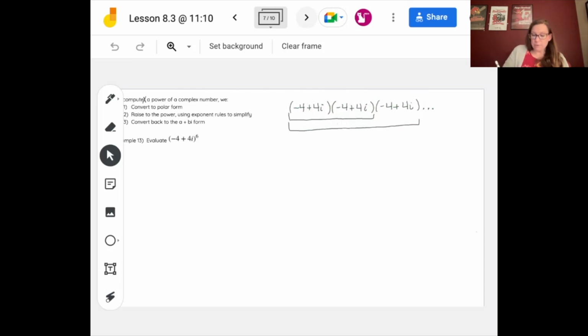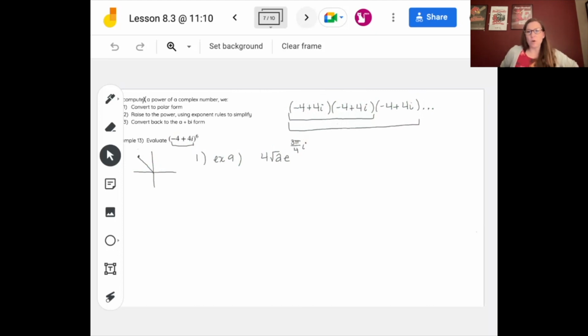We converted -4 plus 4i. Remember, this one was one of the first ones we did. We were over here in the second quadrant. We converted that into polar form in example 9. So I'm going to say number 1, we did example 9. We converted this to polar form, and we said it was 4 square roots 2 e to 3 pi over 4i.